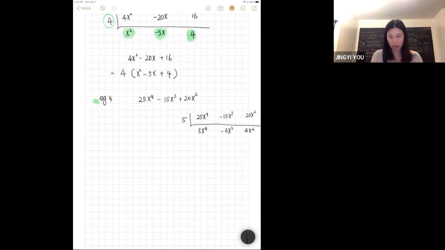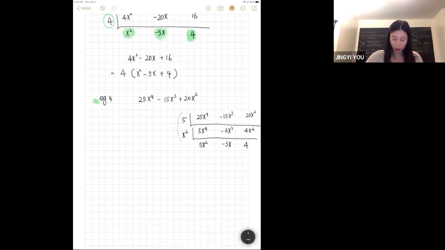So the next step is I want to check the variable x, if they have any common factor. I have x to the 4th, x cubed, and x squared. So they all have what? x squared, right? So 5x to the 4th divided by x squared is equal to 5x squared, negative 3x, and then 4. Okay.